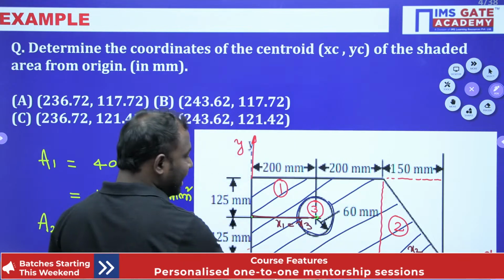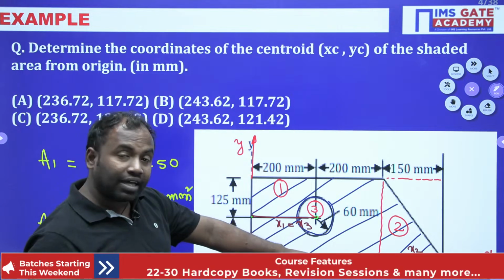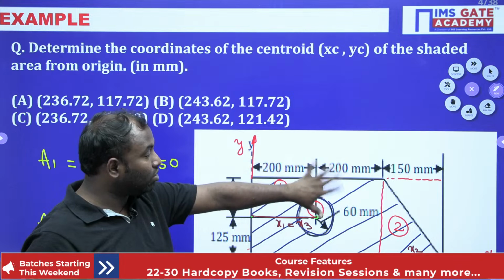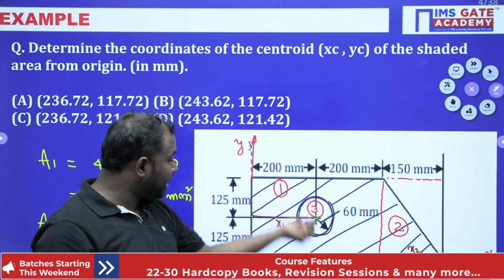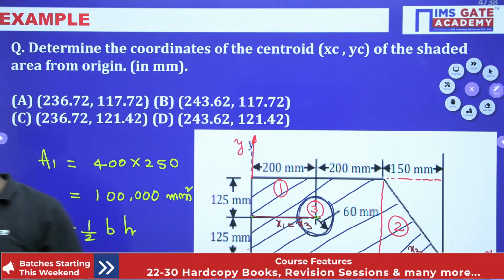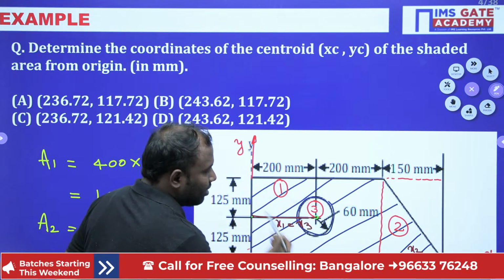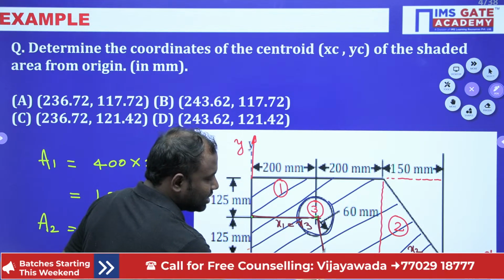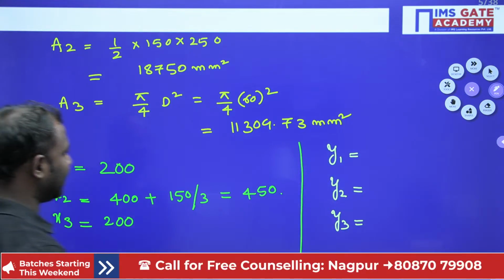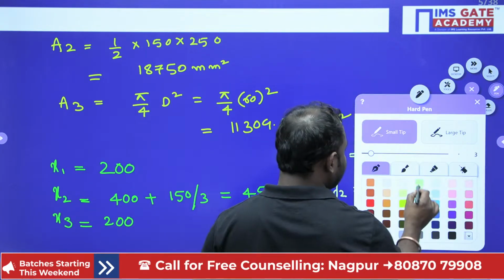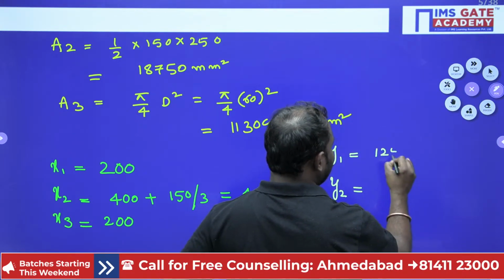Now I need to find y1. From the x-axis, how much is the centroid of the rectangle acting? Obviously from the base it is 125, because from the bottom of the rectangle to here is y1. So y1 is 125 mm.